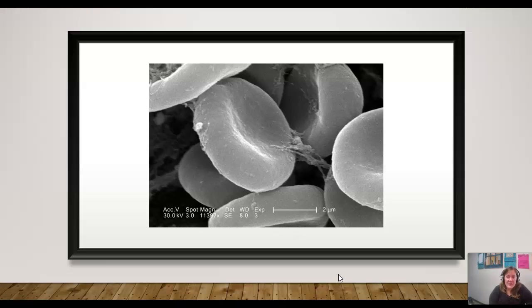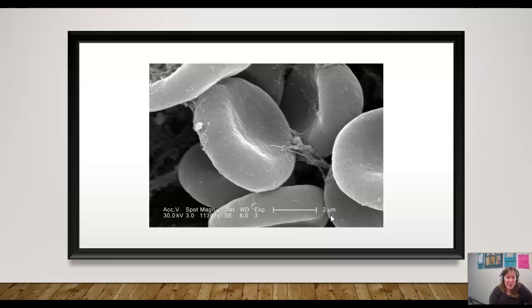Okay, and now here's number 3. This one's cool because it gives a range of measurement down here.